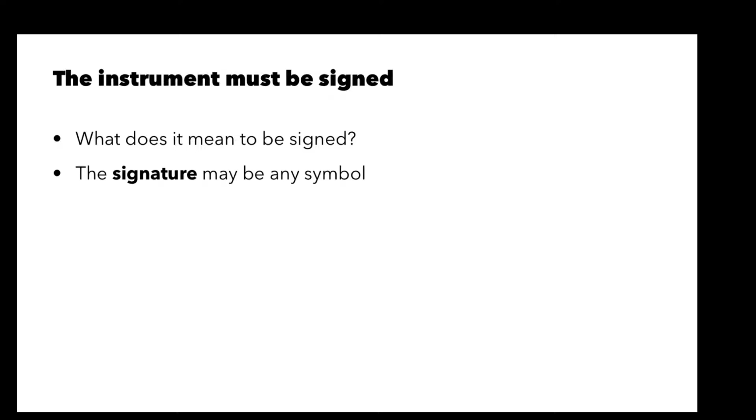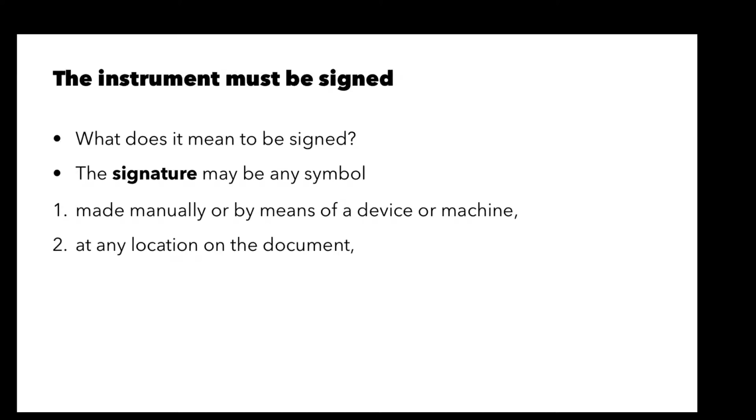Well, the signature just has to be any symbol. And in fact, the UCC gives extreme latitude in determining what is meant by sign. So the signature can be any symbol that is made manually or through use of a device or a machine. The signature can occur at any location on the document.